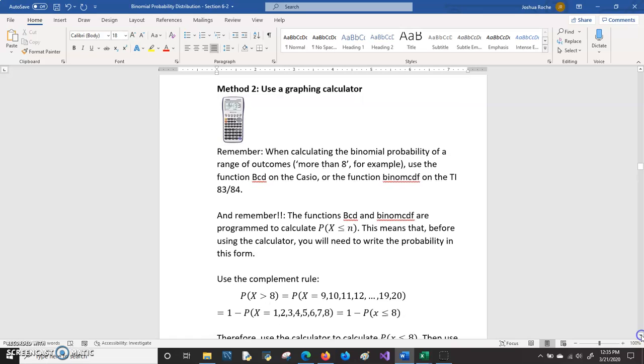For this one, you can also use a calculator. And because we're dealing with a range of outcomes, more than 8, here again you'll use BCD or Binomial CDF on the calculators.